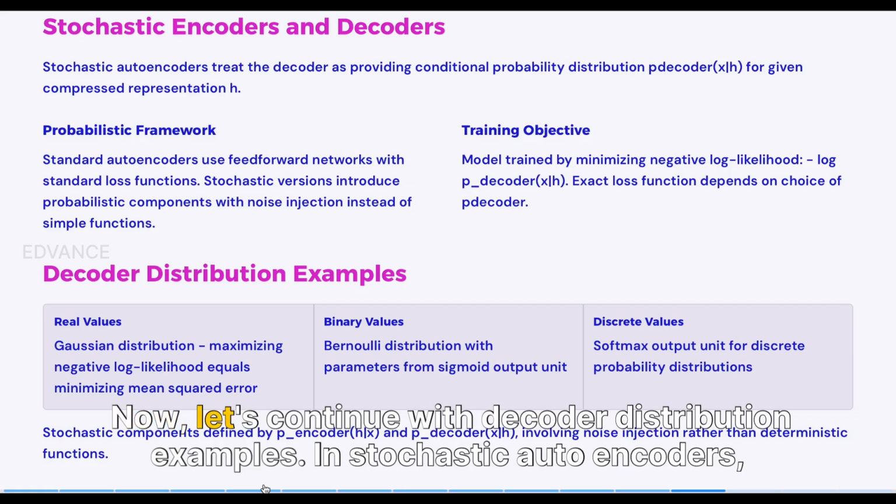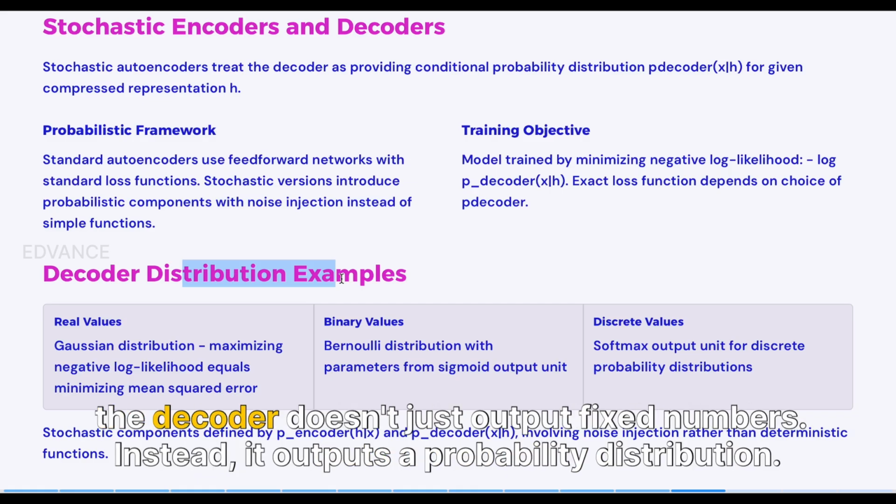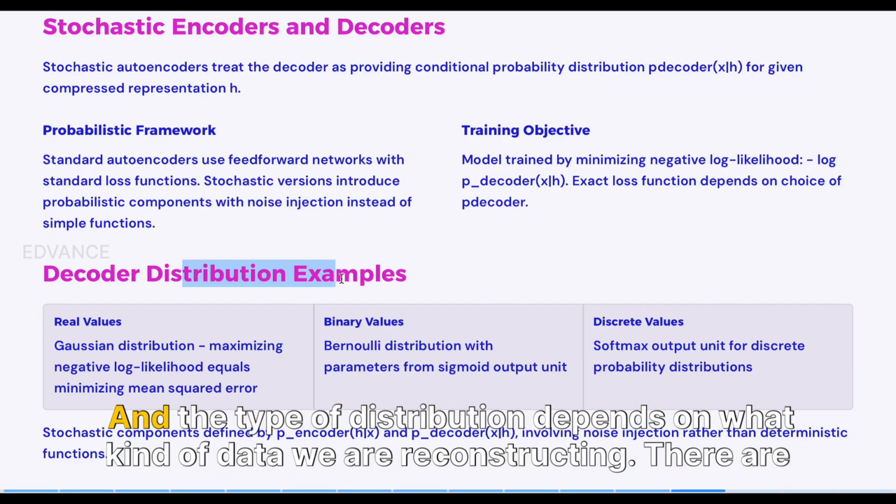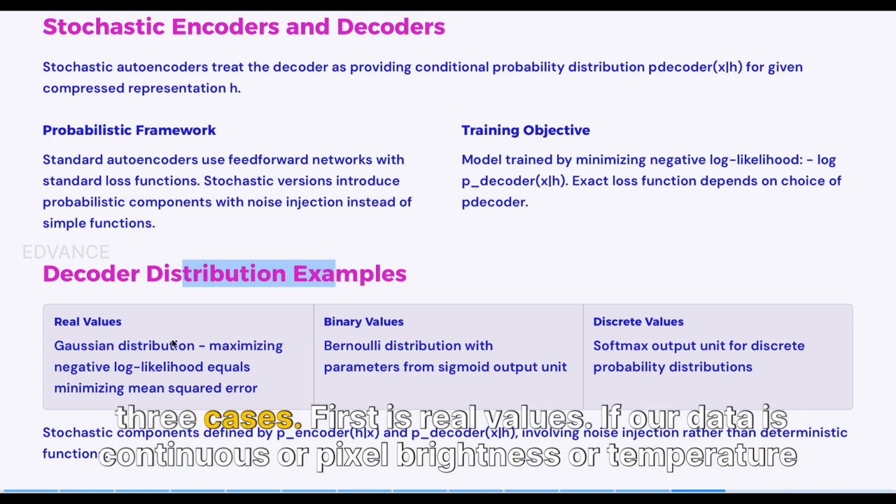Now, let's continue with decoder distribution examples. In stochastic autoencoders, the decoder doesn't just output fixed numbers. Instead, it outputs a probability distribution, and the type of distribution depends on what kind of data we are reconstructing. There are three cases.